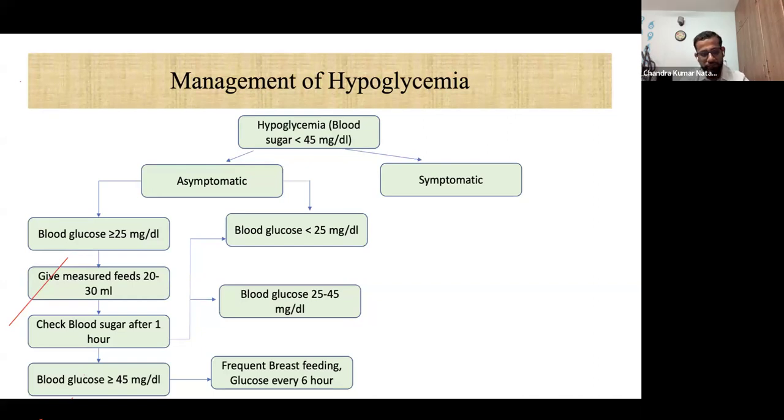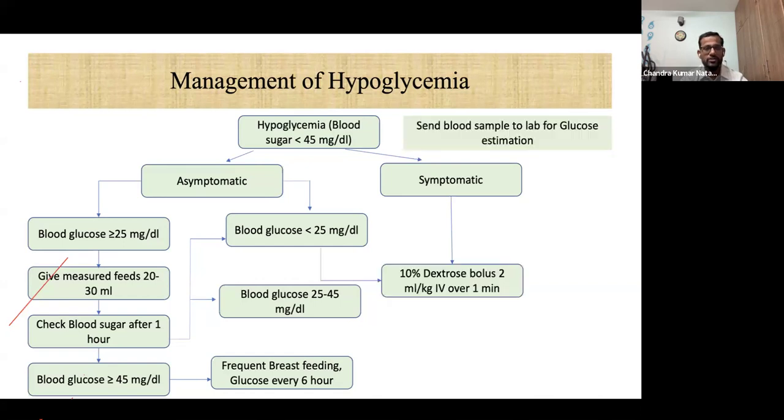So who are all these symptomatic babies? As I told you, the baby can have neuroglycopenic symptoms, or symptoms due to the counter-regulatory hormones like catecholamines. When these symptoms are there and blood sugar is less than 45, then you have to give a dextrose bolus to rapidly bring back the sugar to the normal levels and alleviate the symptoms.